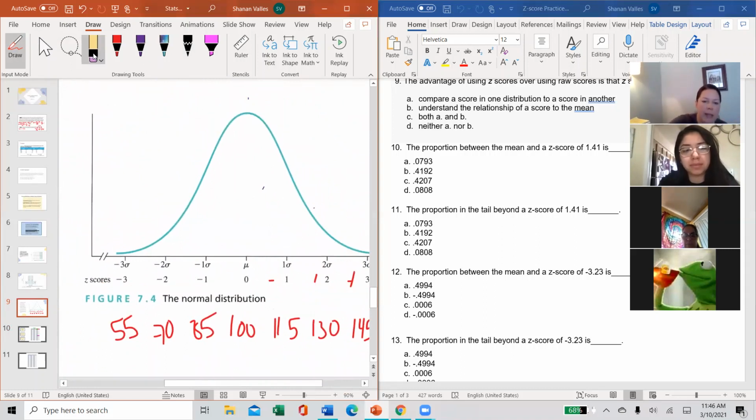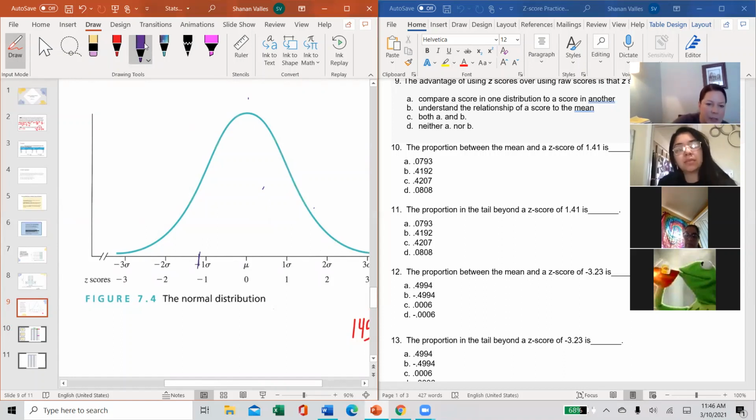If we had a negative z-score of 1.05 and we were trying to find it over here, it would be really close, right there, maybe.